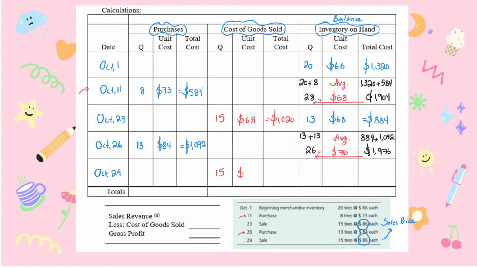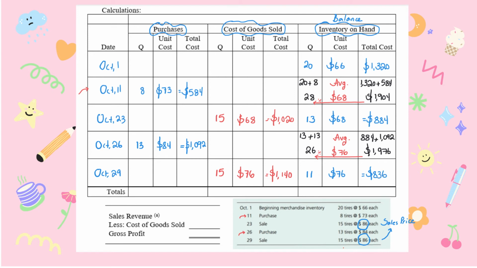The cost for each one is 76. So the total will be 1140. Now what's left? We had 26 units, 15 sold. So we have 11 units left at 76 each. So it's gonna be 836.